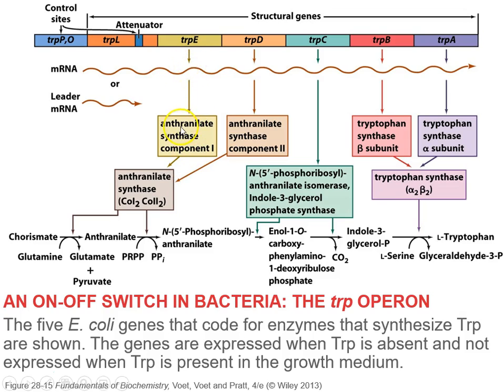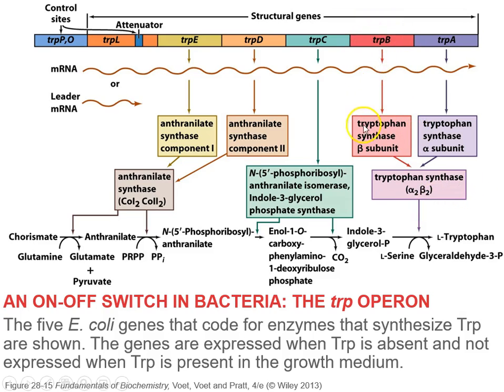That's made by the TrpE and the TrpD genes. So that can catalyze both of these steps. And then when you get to this step where you have the N-5'-phosphoribosyl anthranilate, these 2 steps are catalyzed by this synthase enzyme that's coded for by the TrpC gene. And then this last step is tryptophan synthase. It's a tetramer, 2 alphas, 2 betas.